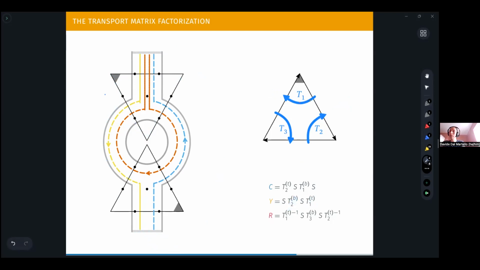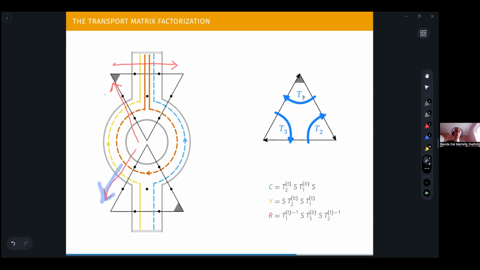However, little caveat, we have to think of this as transporting an edge of oriented type. So if I transport this edge and I act with T1, I get the edge flipped here. And if I move it there, I find it incident on this triangle in the opposite way that I would like it to be for T2 to act on it.